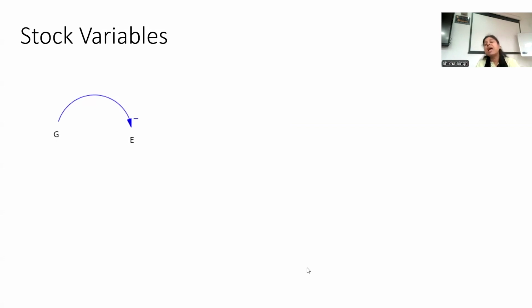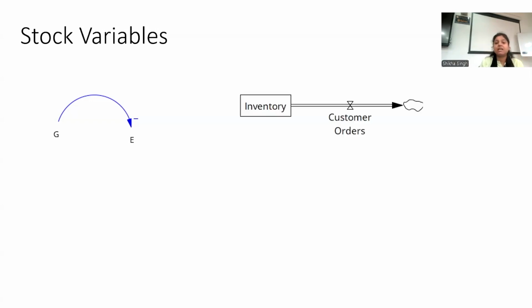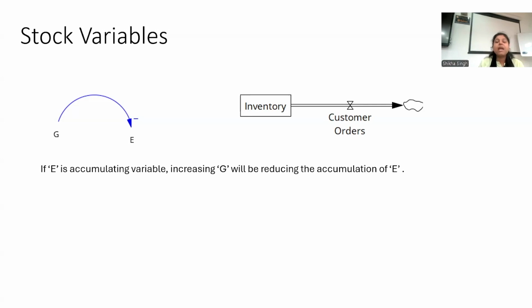Then on the other side, the depletion of the stock variable, how can the depletion happen? Here, E is an accumulation, or you can say the stock variable. And due to G, or G can be a rate with which E is decreasing, right? How can it be expressed?